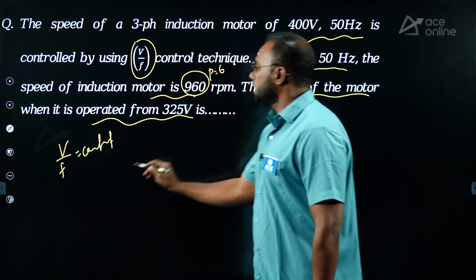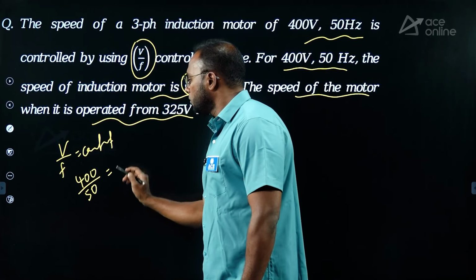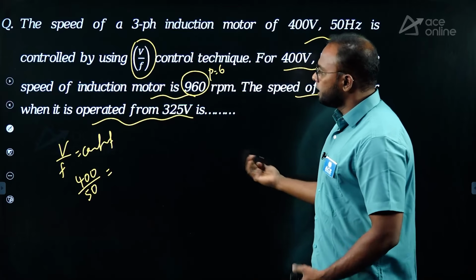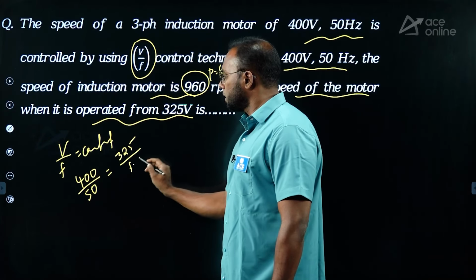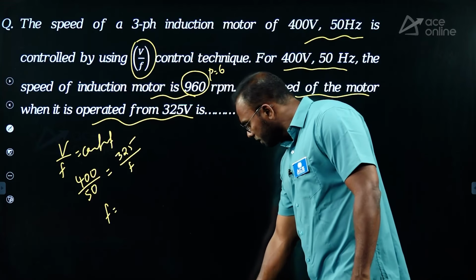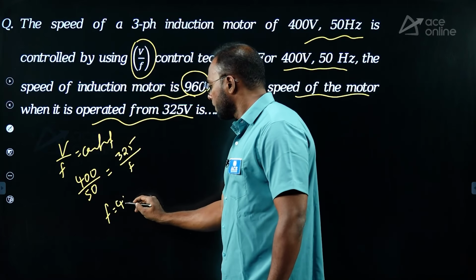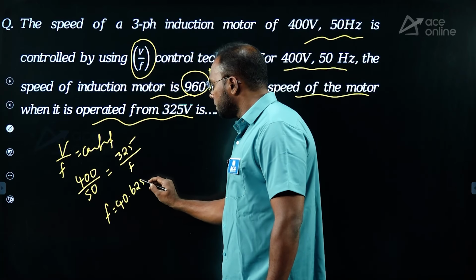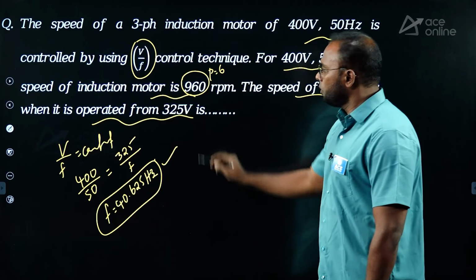How much voltage is there initially? 400 volts and frequency 50 hertz equals, now how much voltage is applied? 325 applied. That means how much frequency we need to apply? Calculate from this. Simplifying, the frequency is 40.625 hertz.